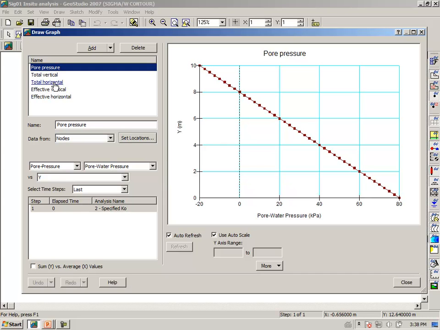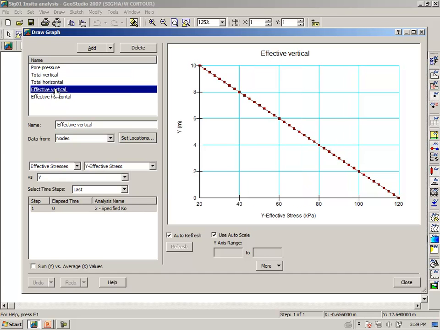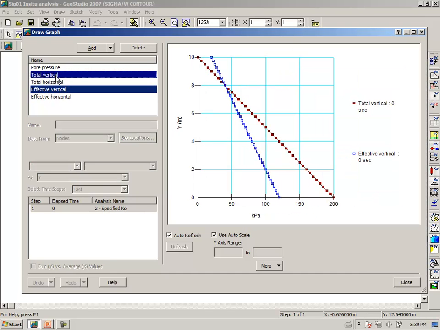The total vertical stress is the same as before. The effective vertical is 200 minus 80 is 120 at the base. So we have 200 minus 80 equals 120.